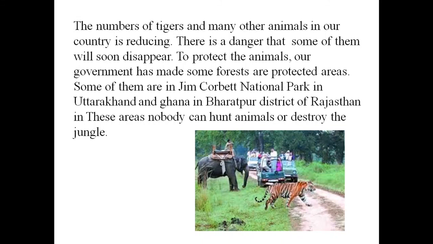See, the number of tigers and many other animals in our country is reducing. There is a danger that some of them will soon disappear. To protect the animals, our government has made some forests protected areas. Some of them are Jim Corbett National Park in Uttarakhand and Ghana in Bharatpur district of Rajasthan.